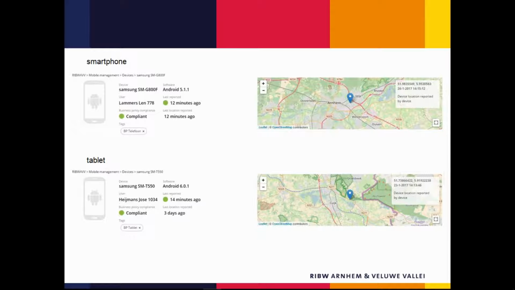The first one is a smartphone. It's a Samsung S5, the small one, the mini version. The device is compliant with the business policy. By business policy compliancy, the location tracking is also enabled. And also for the next one, the tablet, compliancy is available.